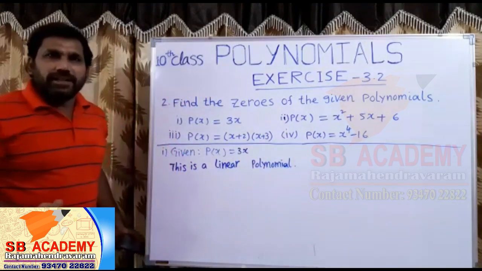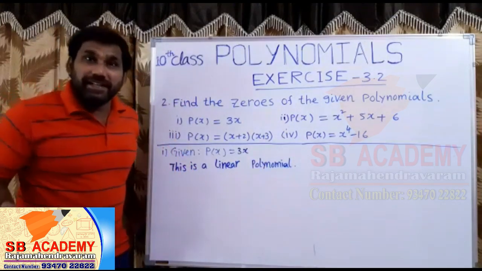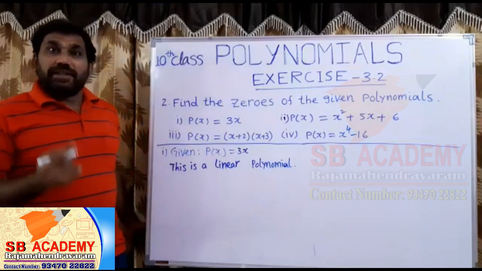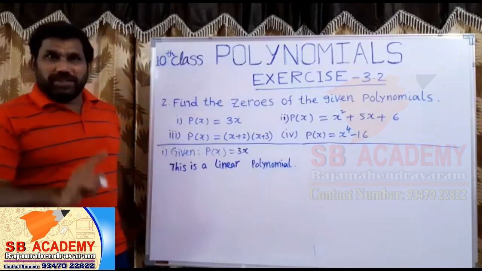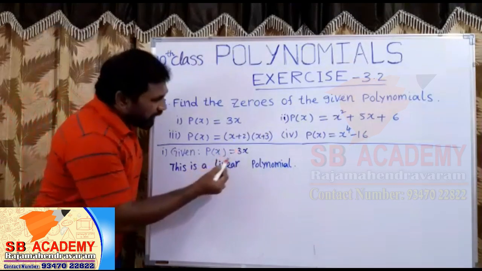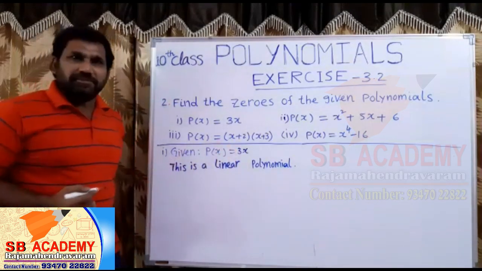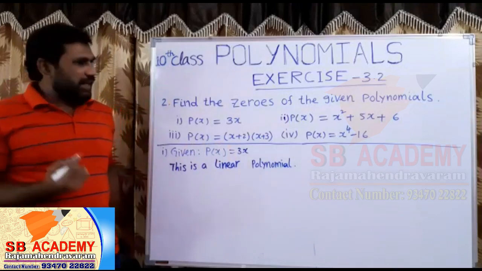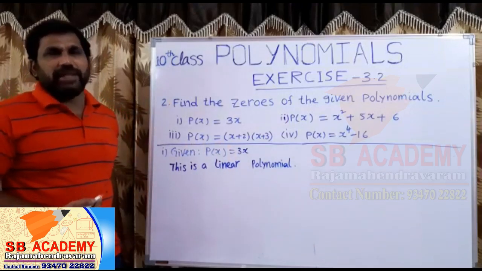How can you say this polynomial is a linear polynomial? The degree of the polynomial is 1, then it is called a linear polynomial. What is the highest exponent in the given term? 1. So that's why this is a linear polynomial.